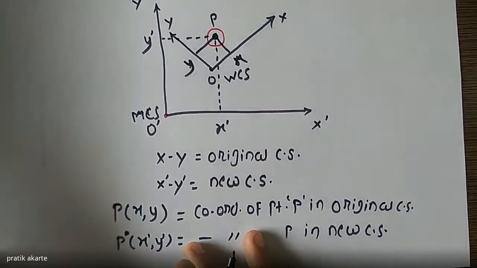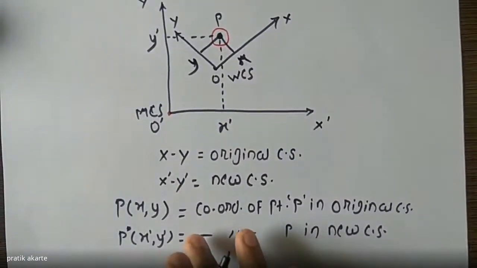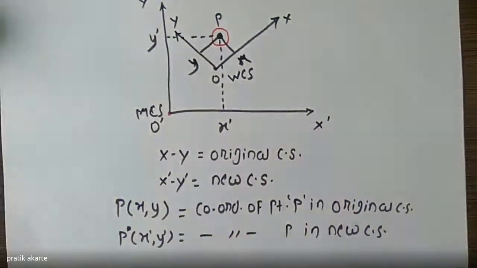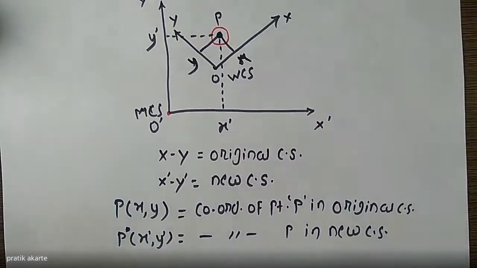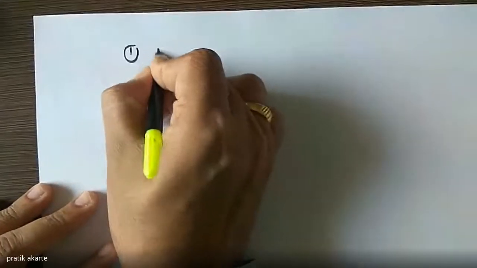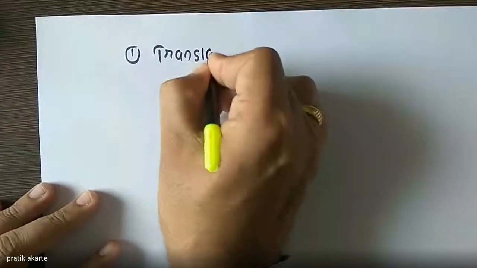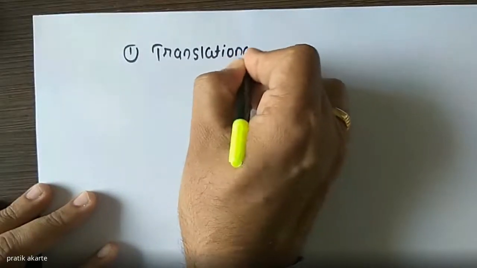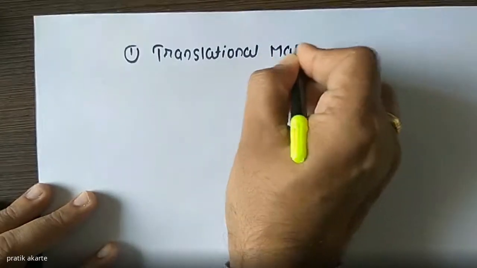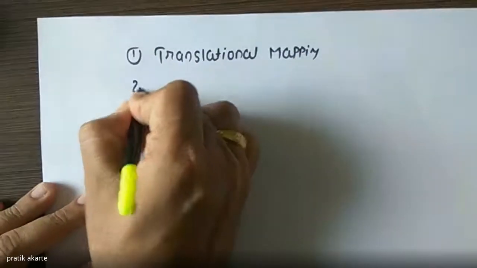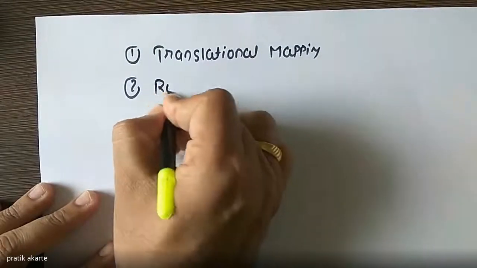Okay. Now there are three types of geometric mapping. I mean, the coordinate data can be exchanged or transformed with the help of three types of mapping. So what are those three types? First is translational mapping.